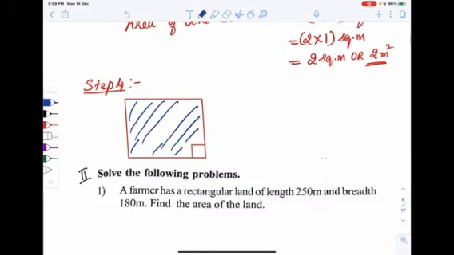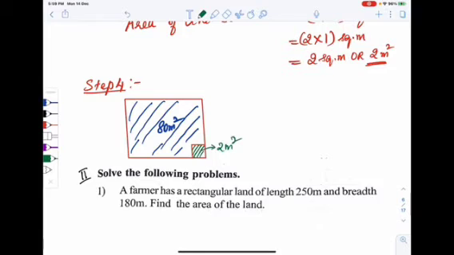Children, for better understanding, just observe the figure. The bigger rectangle is of the auditorium, and the area is 80 meters square, and this is a slab which we need to lay onto the floor to cover it, and that is 2 meters square.